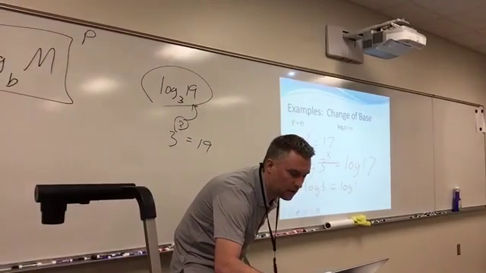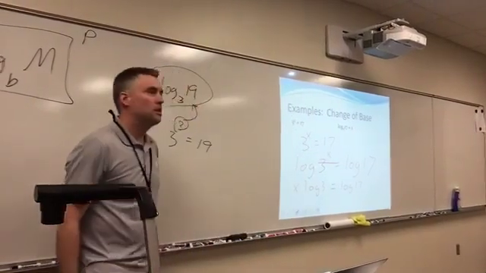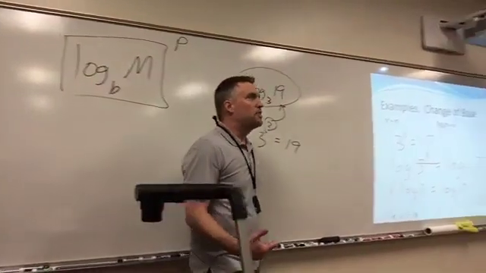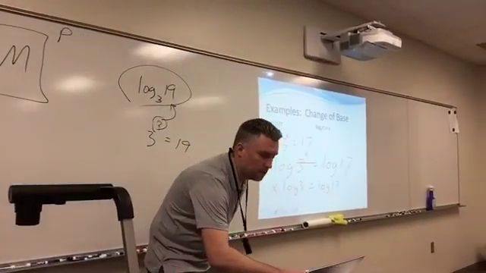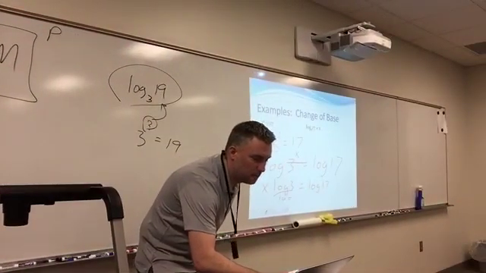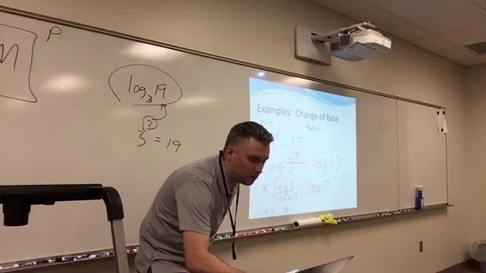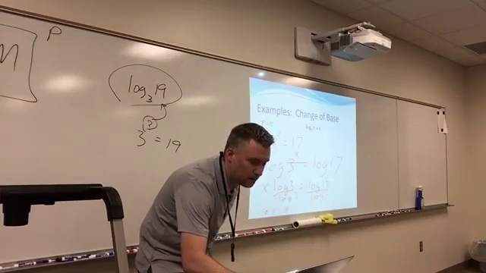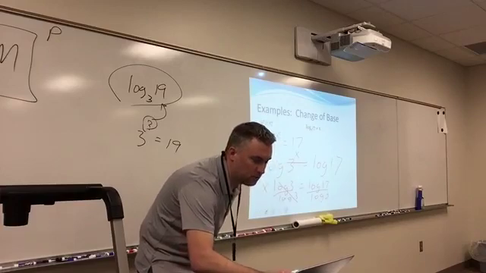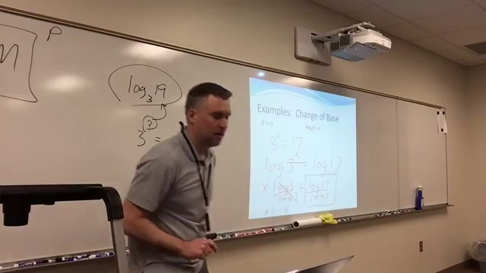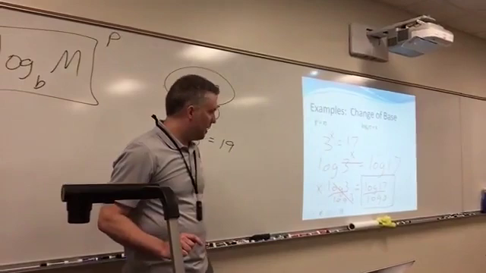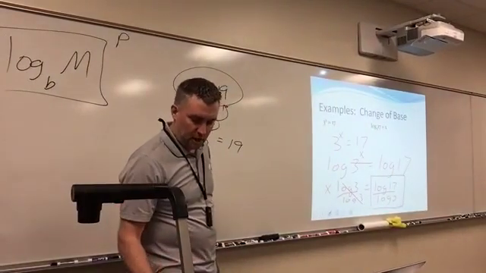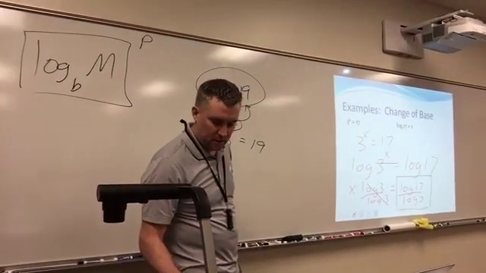And now one more step. How do I solve for x? Divide both sides by log 3. If I divide by log 3 and divide by log 3, cancel. So x would be equal to this, right? So on your calculator, go ahead and punch in log 17, see what it is.